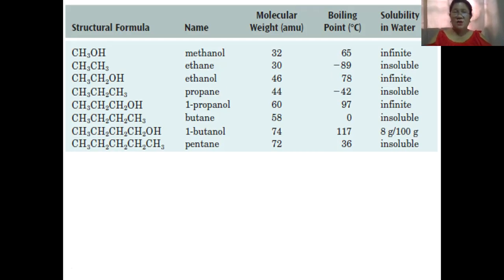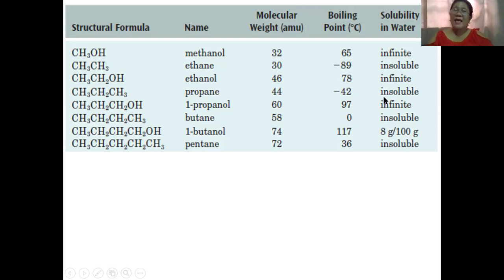And it is insoluble. We have ethanol, no? Molecular weight 46. Its boiling point is 78. That's ethanol. It is still very soluble in water. Then one, propane, which is an alkane, dili siya. No? Halos pareho na siya molecular weight, but it is insoluble.